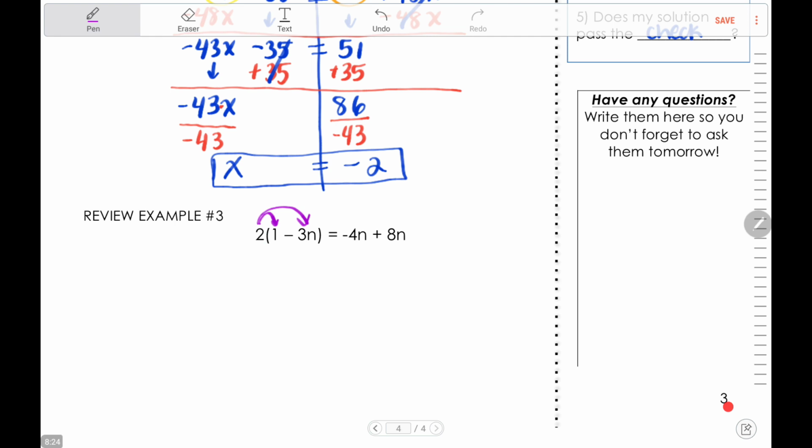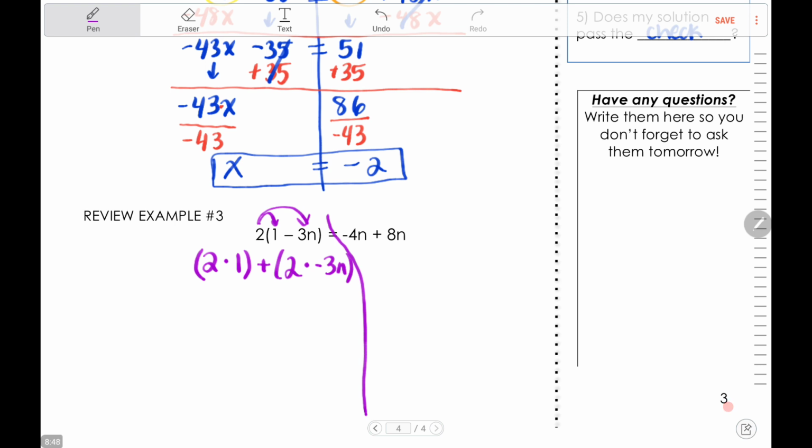So what that means is 2 times 1, okay? I'll put that in parentheses. That's the first step. Plus 2 times, now that's a negative 3n. Okay? Great. I already didn't split this down the middle. I should have done that from the beginning.